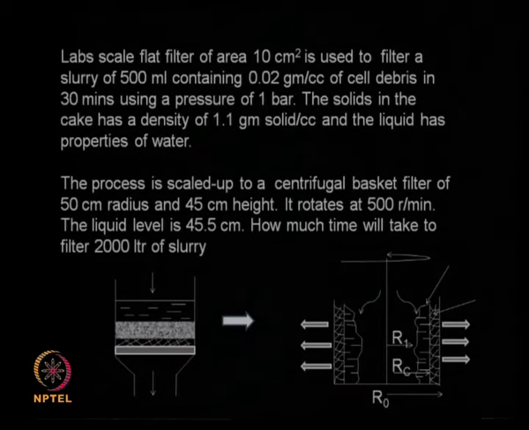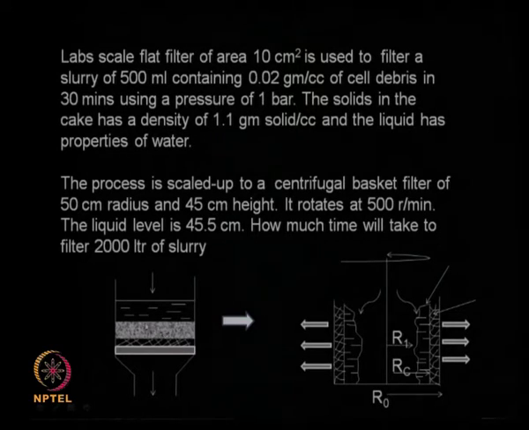So you understand, I do certain experiments in my lab using a very simple setup, a flat filter, and then I want to scale it up to a large scale operation where I want to filter 2000 liters using a centrifuge. Some dimensions are given and you are asked to calculate the time taken to filter 2000 liters of this slurry if you use this particular type of centrifuge.